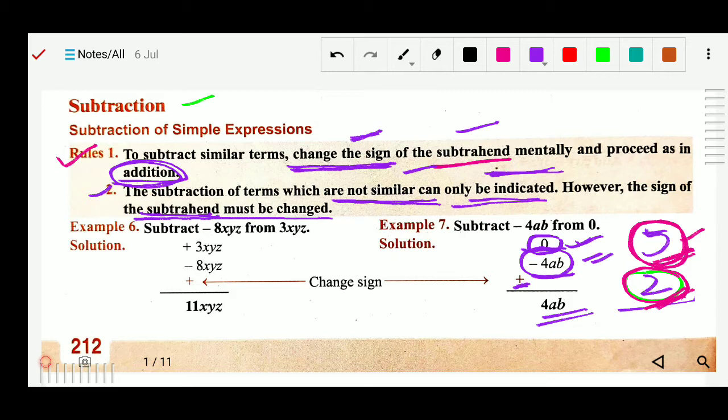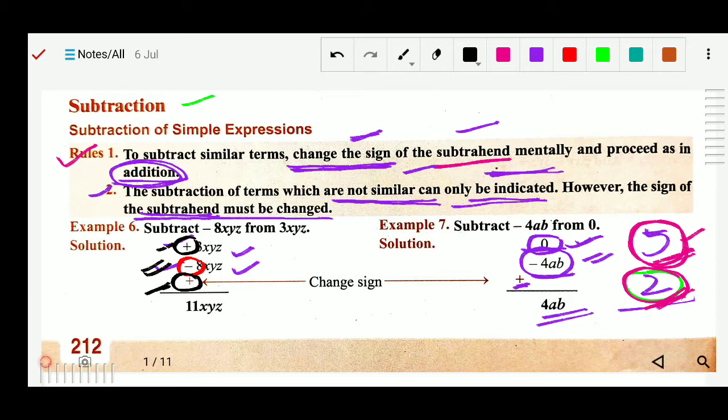So what is the step? Suppose we have to subtract these two. This is your minuend, this is your subtrahend. We changed this minus sign to a plus sign. Only the subtrahend part's sign changes. Now it is plus and plus, so plus became plus, as in the table I had given.